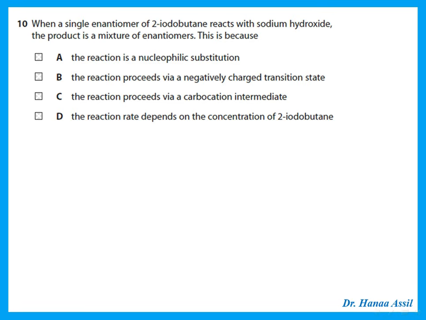When a single enantiomer of 2-iodobutane reacts with sodium hydroxide, the product is a mixture of enantiomers. This is because what? Okay, let's take a look. 2-iodobutane. Remember that 2-iodobutane is what kind of halogenoalkane? It's a secondary. And the secondary can either do an SN2. So in this kind of reaction, this is an SN2, and the SN2 gives only one of the enantiomers, or one isomer.